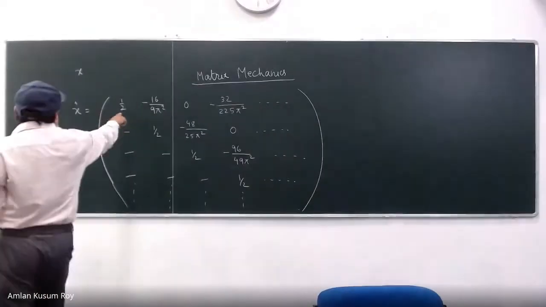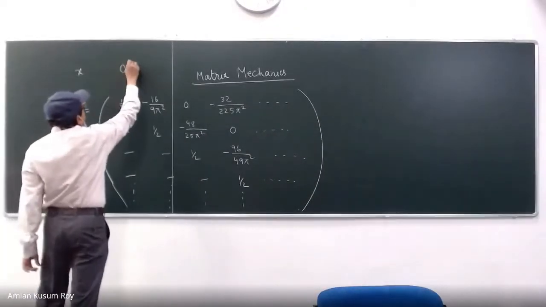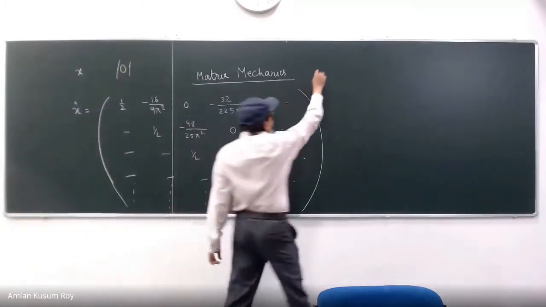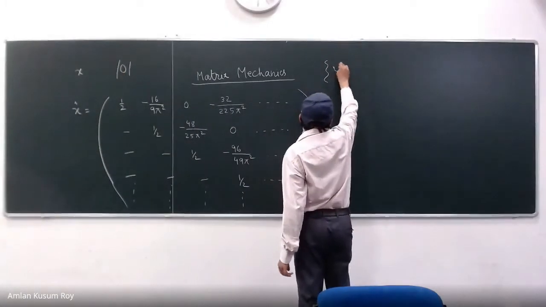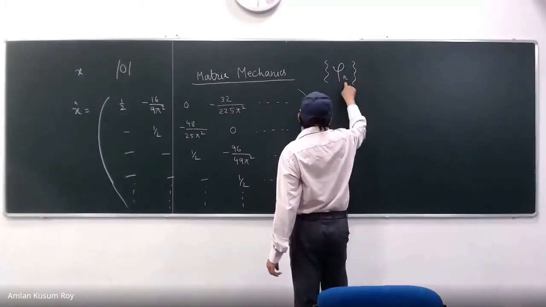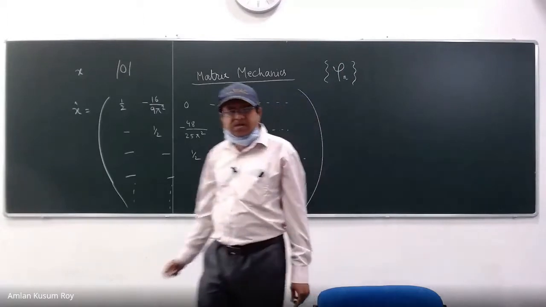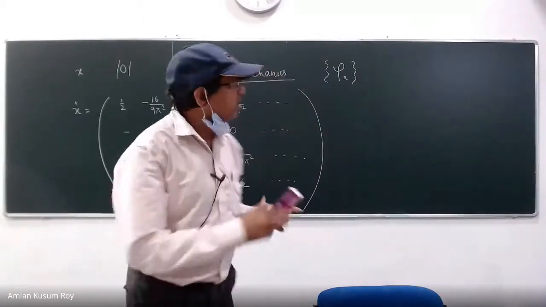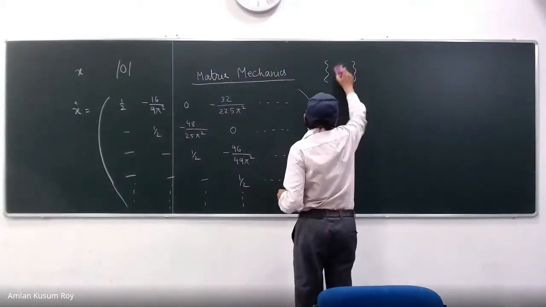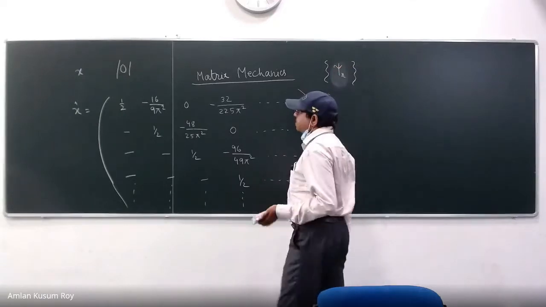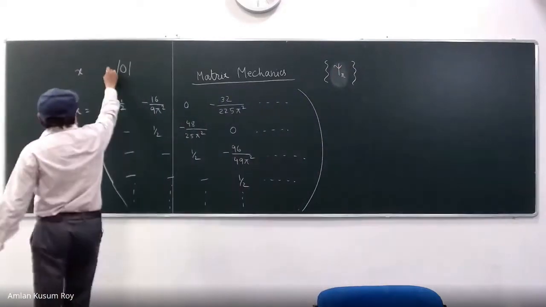Because these things are nothing but your operator, and if I chose a basis set, say psi n, psi n is my basis, okay? Let us write psi is the normal psi, so this is my basis.